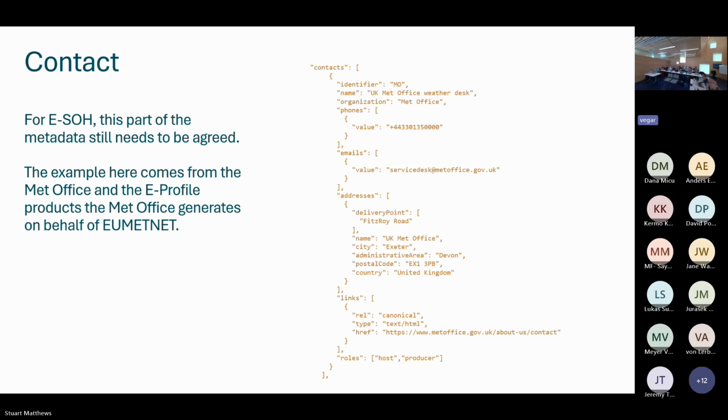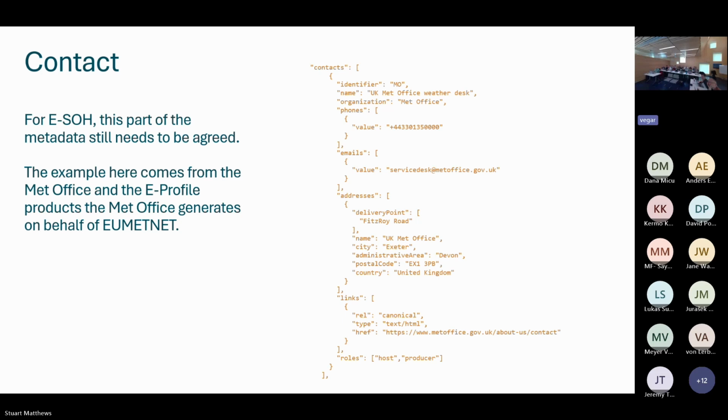So you have an ID which says it's MO for the Met Office, it says it's UK Met Office Weather Desk, and it has a telephone number, an email address, the Met Office's postal address, and then a link to the contact details for the Met Office. And it just says that the Met Office are the producers of the data.